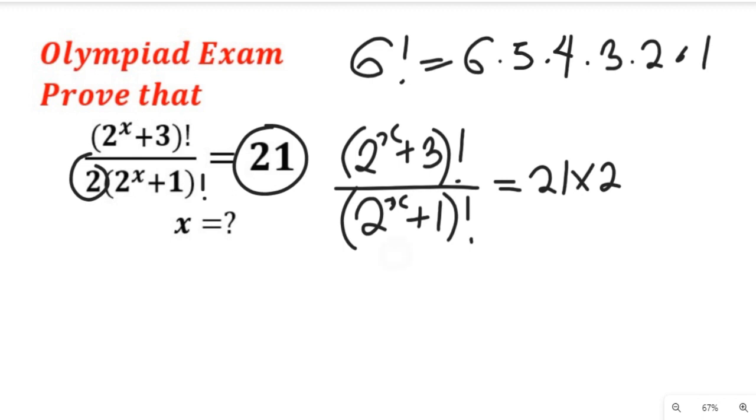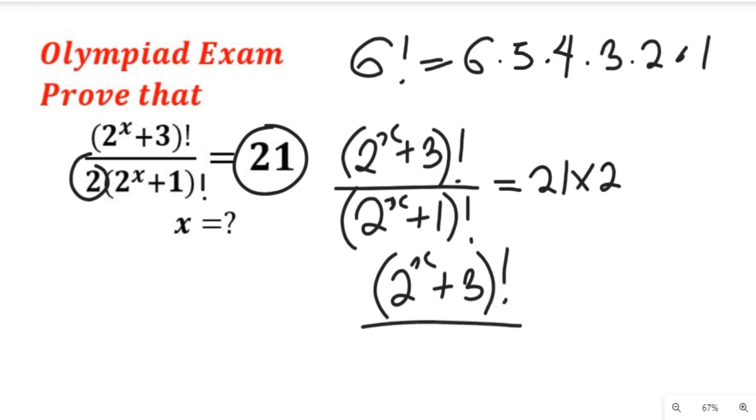So (2^x + 3)! divided by (2^x + 1)! is equal to 42.